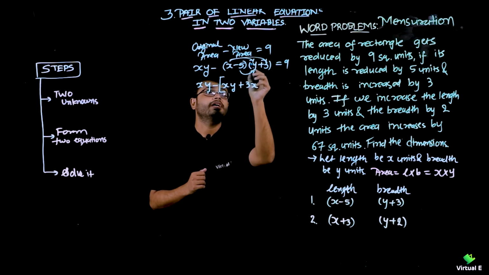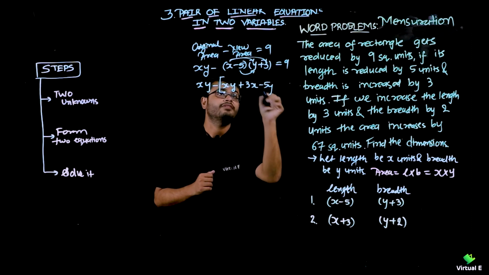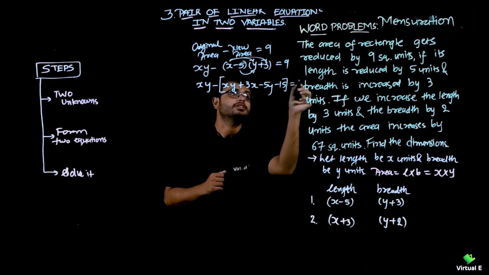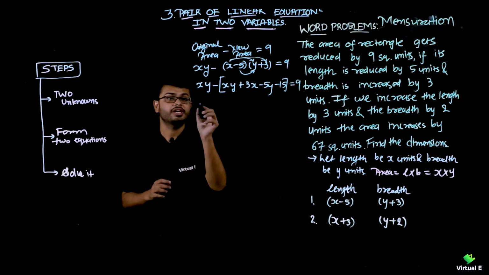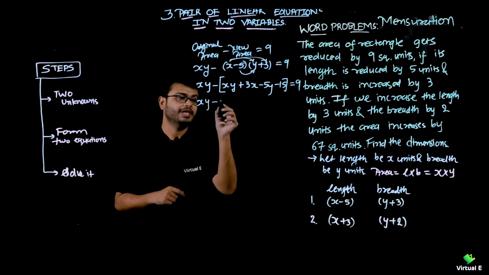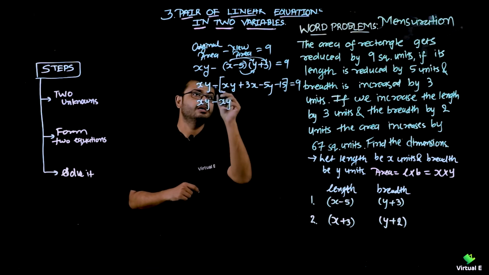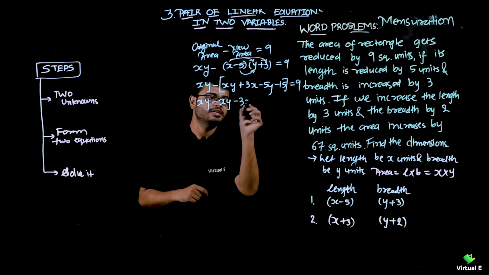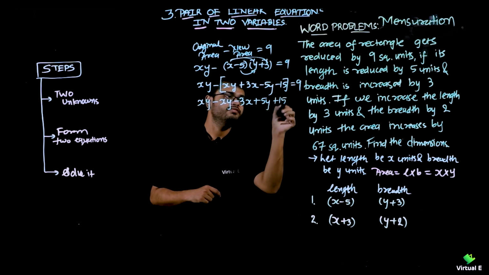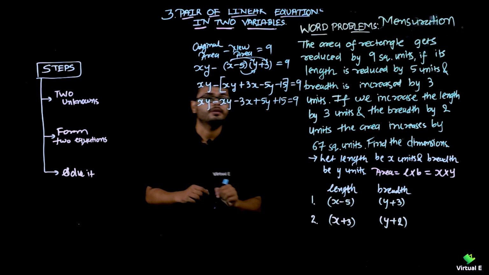Then 5 into y, that is minus 5y, and minus 5 into 3, that is minus 15, is equal to 9. So let's open the bracket and all internal signs will be changed. This xy will become negative, minus and plus, that is minus 3x, this is plus 5y, and this is plus 15 is equal to 9.